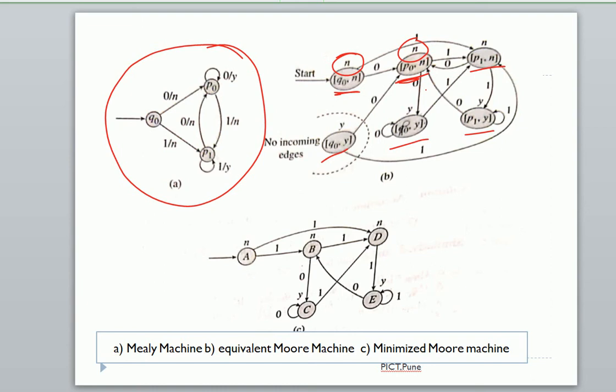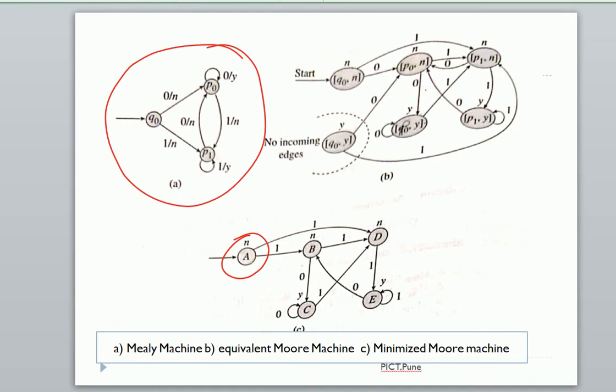Now, if you observe, the state names like Q0N and P0N in square brackets are not easy to read and understand. So for the sake of understanding, we'll rename them. Q0N can be renamed as A. See here, it is renamed as A. The remaining diagram is the same.